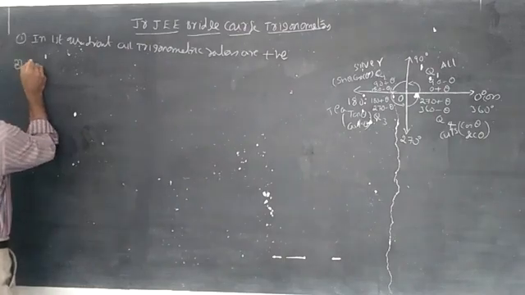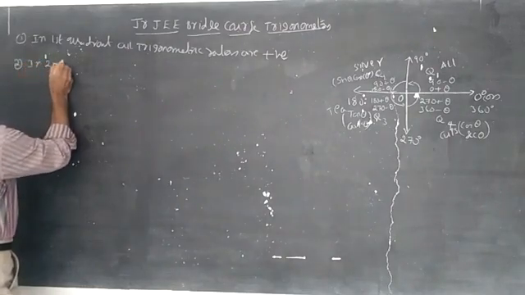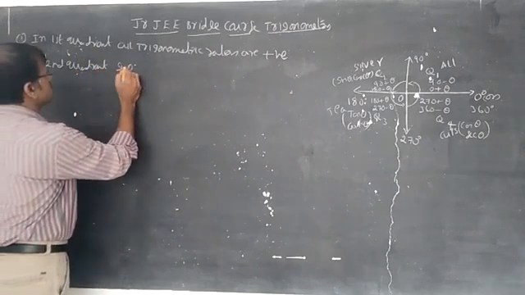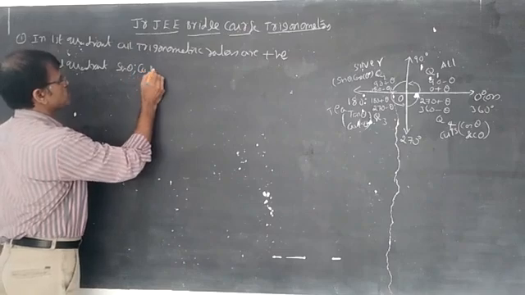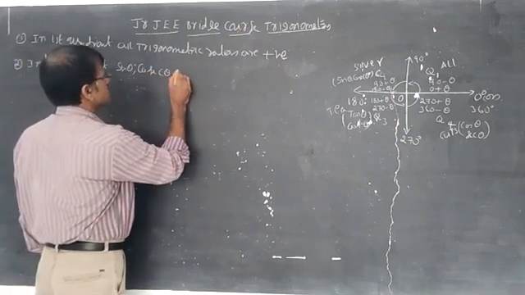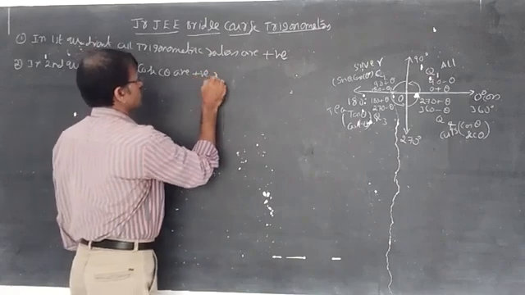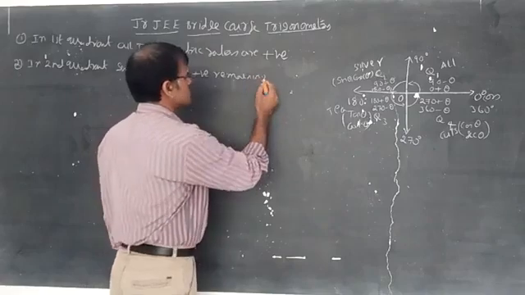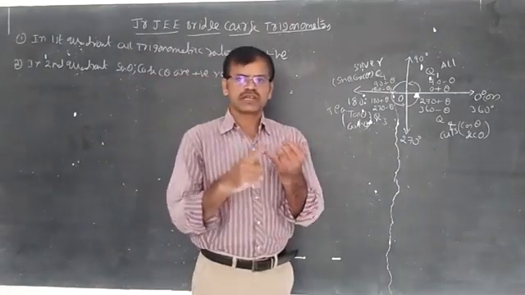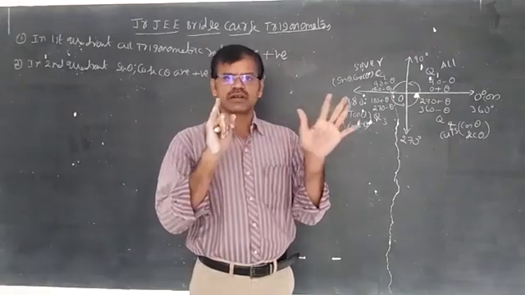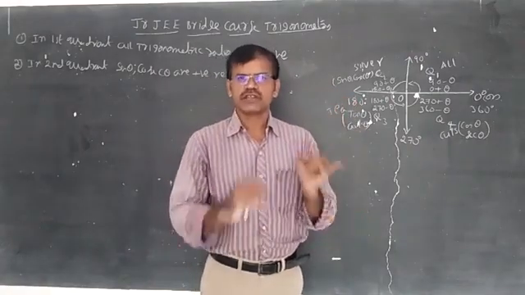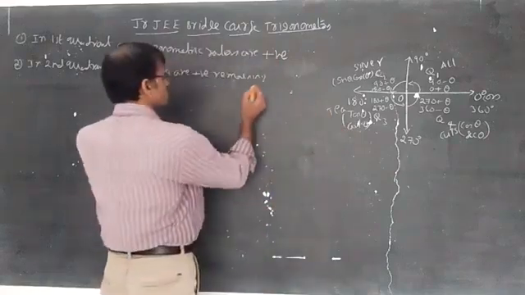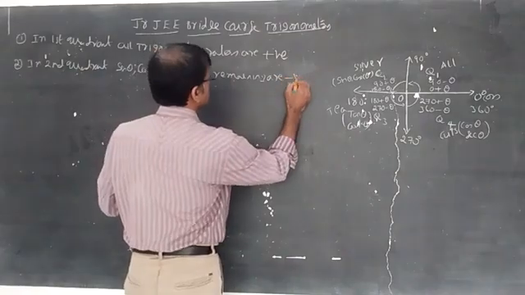Second formula, in the second quadrant, sin theta, its reciprocal cosec theta, are positive, and the remaining are negative. There are 6 trigonometric functions in total: sin theta, cos theta, tan theta, cosec theta, sec theta, cot theta. Follow this order only.